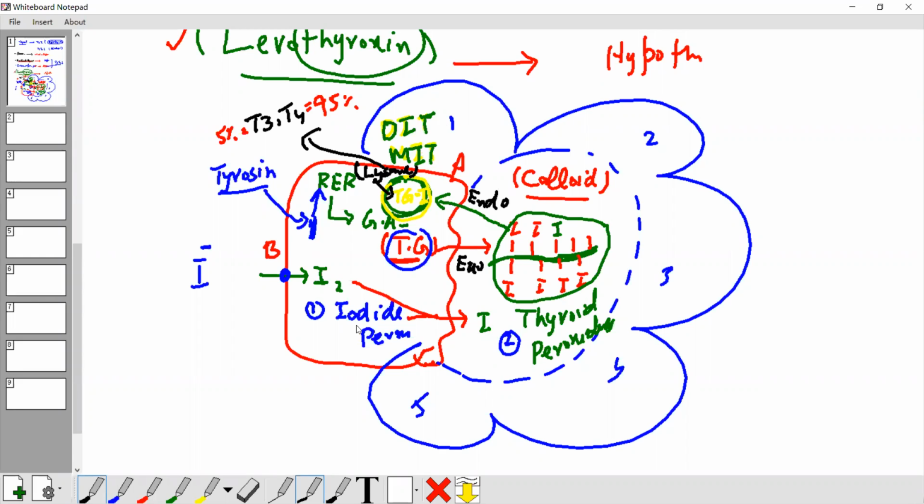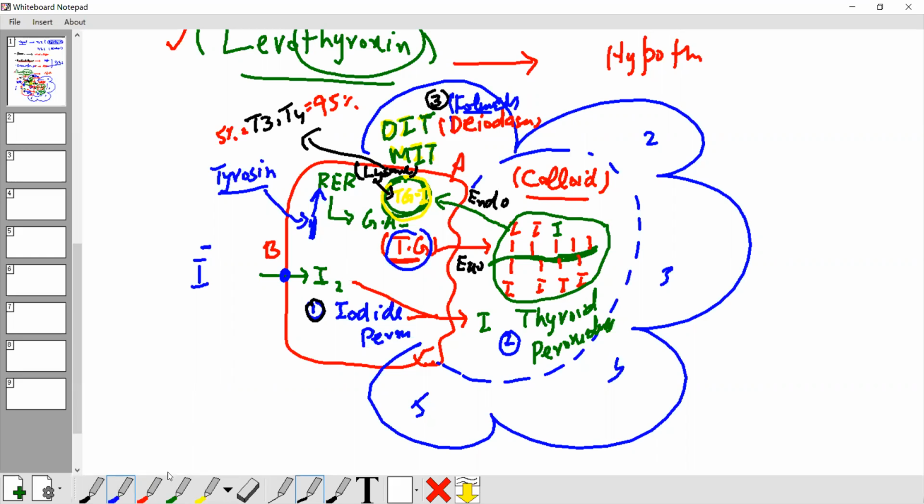Enzyme number 1 is iodide peroxidase, enzyme number 2 is thyroid peroxidase. Enzyme number 3 is inside the follicle, known as deiodinase. This deiodinase is present inside the follicle, so it is called follicular deiodinase.